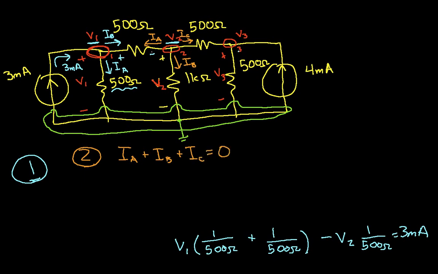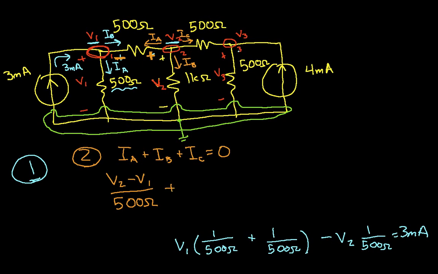Now, IA is going to be the current through this 500 ohm resistor going from positive to negative. You'll notice that I've relabeled the voltage for my orange IA from my IB. That's fine, as long as you're clear on what you're doing. So IA is going to be V2 minus V1, the voltage at node 2 minus the voltage at node 1, which is the voltage across this resistor, divided by 500 ohms.